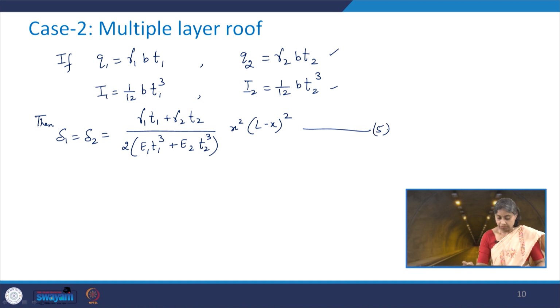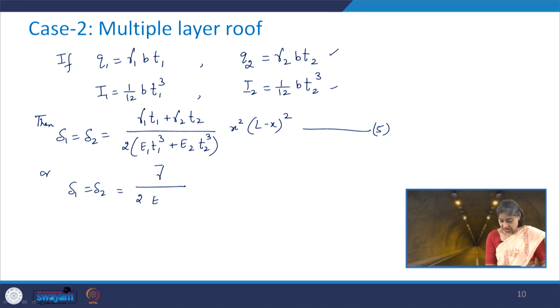This is equation number 5, or we can say that delta 1 is equal to delta 2. That is equal to maybe gamma bar divided by 2 times E T square bar into x square L minus x whole square.